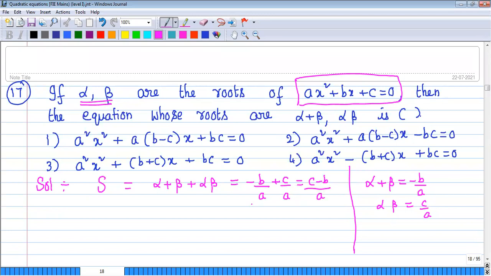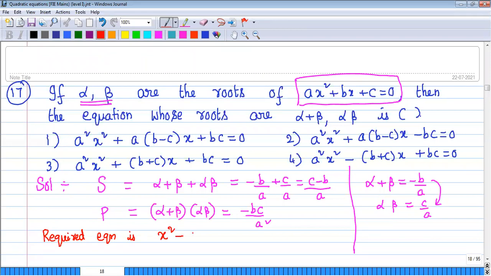Let us find out the product of the roots, that is alpha plus beta multiplied by alpha beta. That is minus b upon a into c upon a, that will be minus bc upon a square. Now the required equation is x square minus sum of the roots into x plus product of the roots is equal to 0.